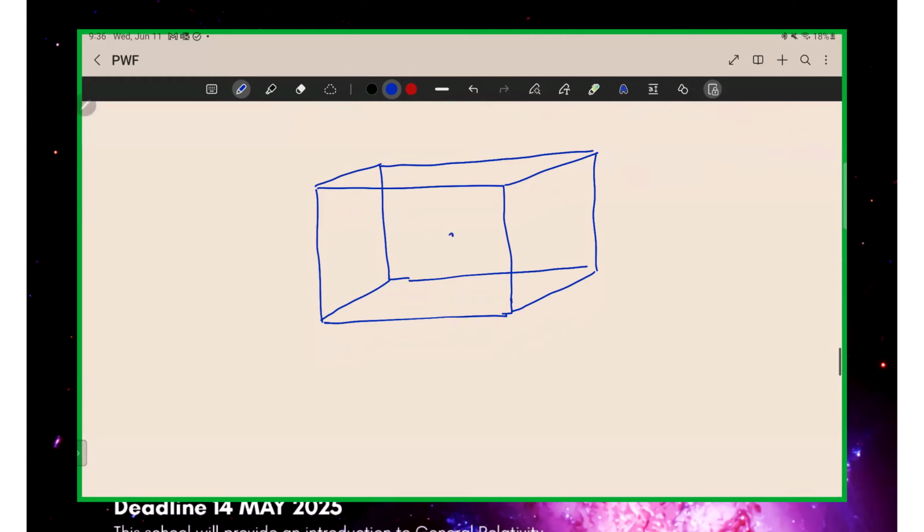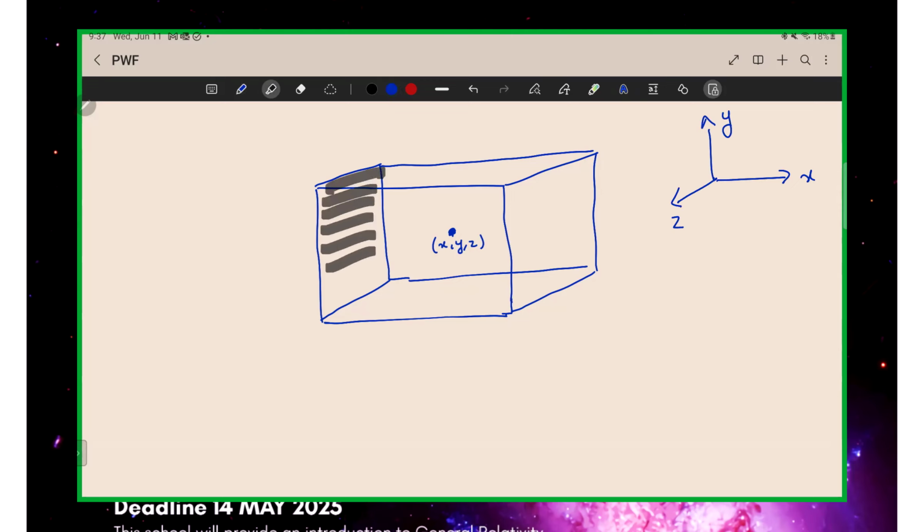Now, the thing is that the midpoint of this cube has coordinates x, y, z. Let me show you what directions the coordinates have, like X, Y, and Z, right? Now this face, let me color it.